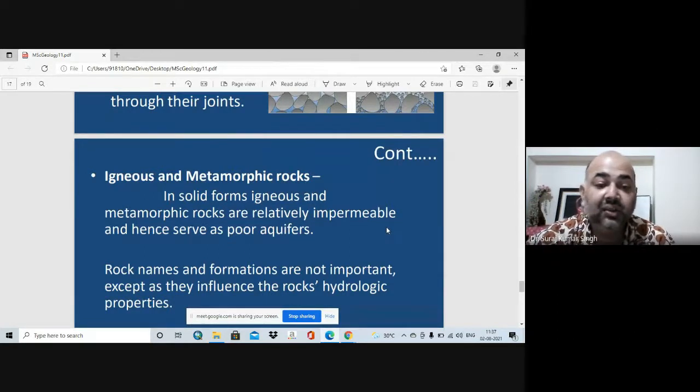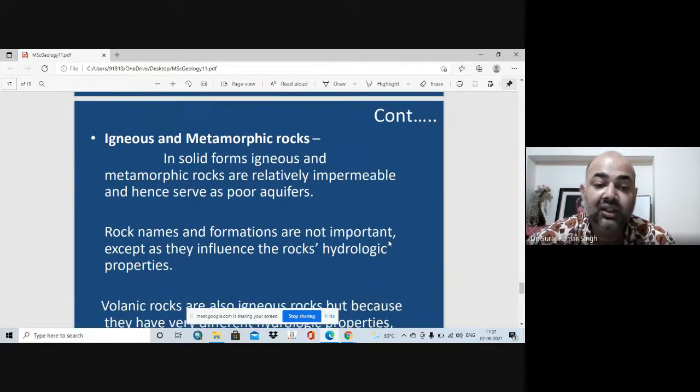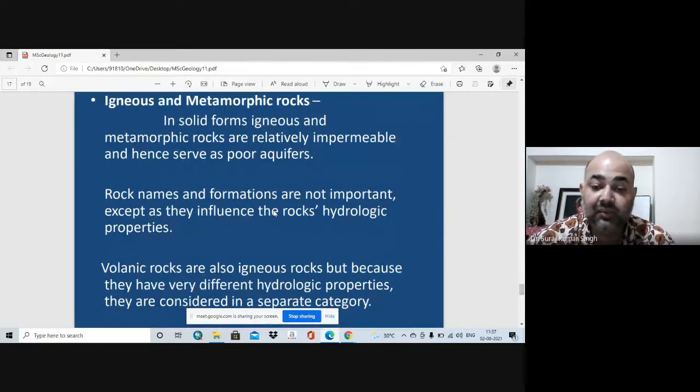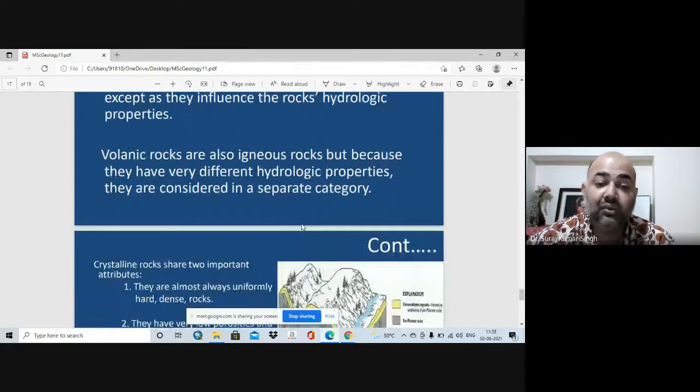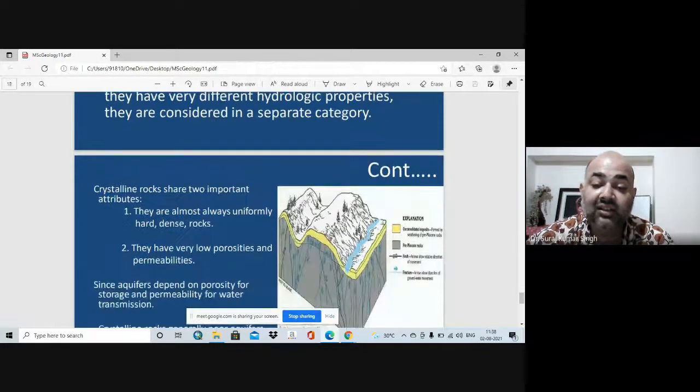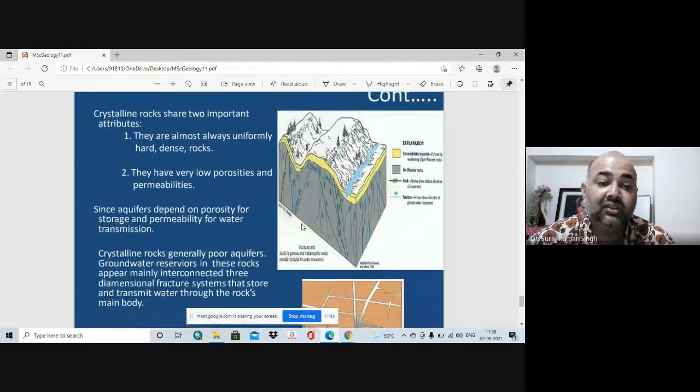And finally you have igneous and metamorphic rock. It is a solid, impervious form, and hence these are poor aquifers. The rock names and the formations are not important, except as they influence the rock's hydrological properties. Volcanic rocks are also igneous rocks, but because they have different hydrological properties, they are considered a separate entity. Crystalline rocks share two important attributes.